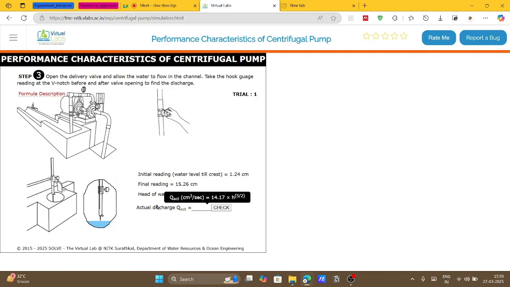So let me calculate that. Here, 14.02 raised to the power 5 by 2 into our constant 14.17.